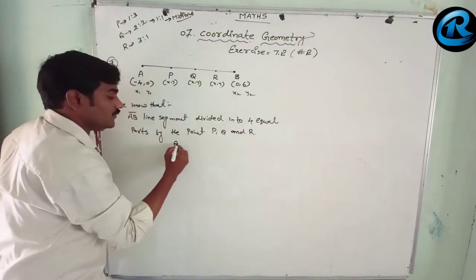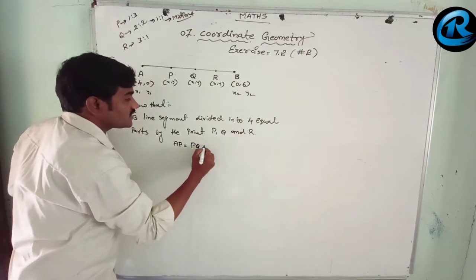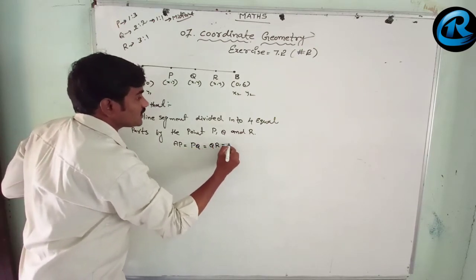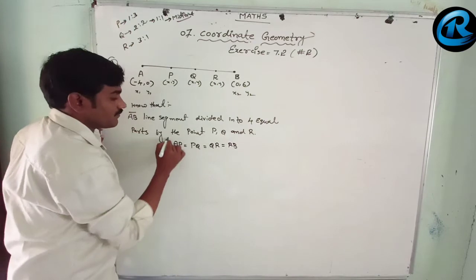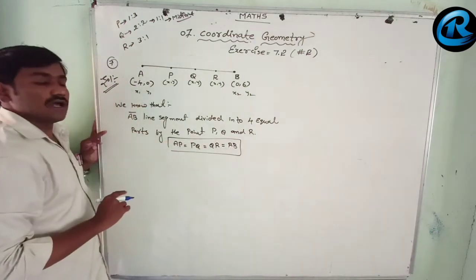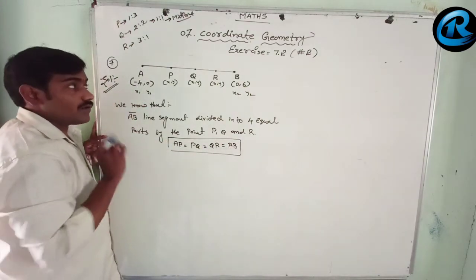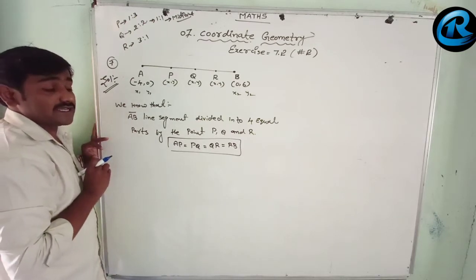AP is equal to PQ is equal to QR is equal to RB. This is why. So now what can we say here?